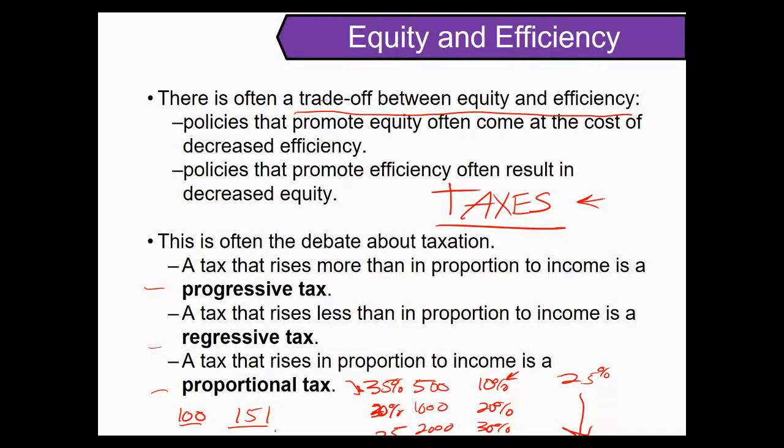Some people argue this is a regressive tax. Even though the amount that it went up, they'll say that for poor people, $151 is a greater proportion of their income versus a rich person, which is a much smaller proportion of their income. So once again, it just depends on your point of view and how you're looking at your taxes.